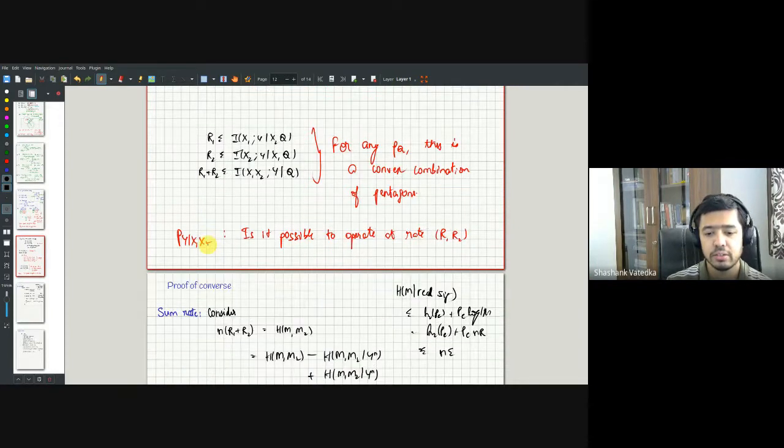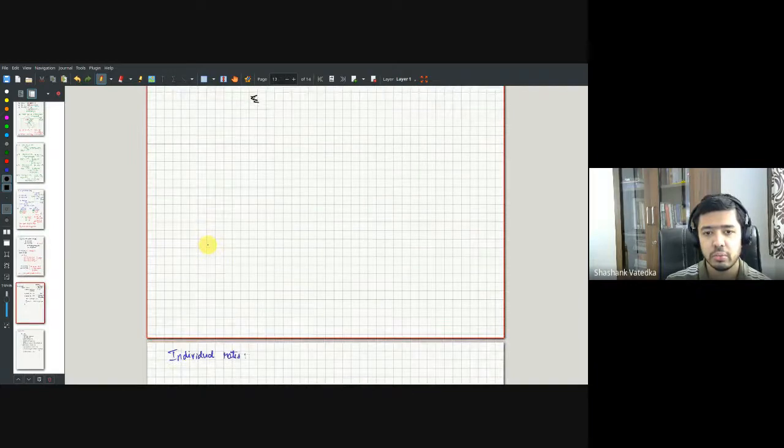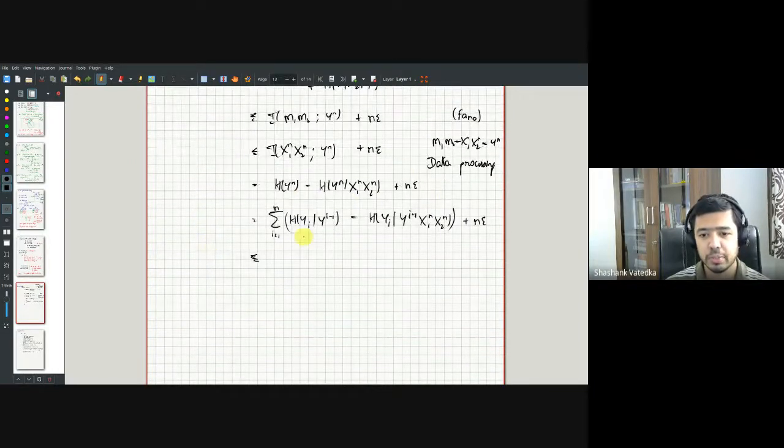From this multi-letter expression for the mutual information, I want to get a single-letter expression. I don't want it to depend on n in any form. So let's look at the first term. Can I say something about h of Yi given Yi minus 1? Do I have any relationship with just h of Yi?